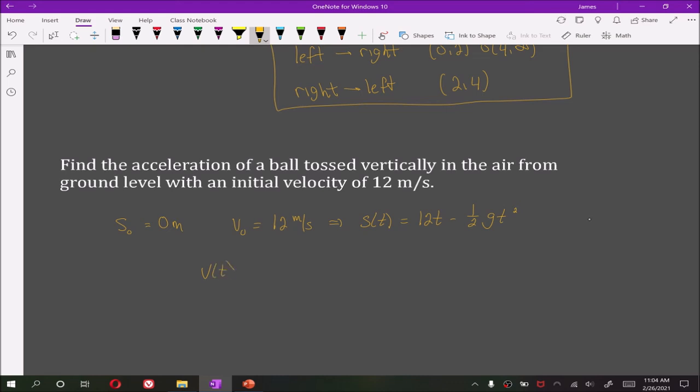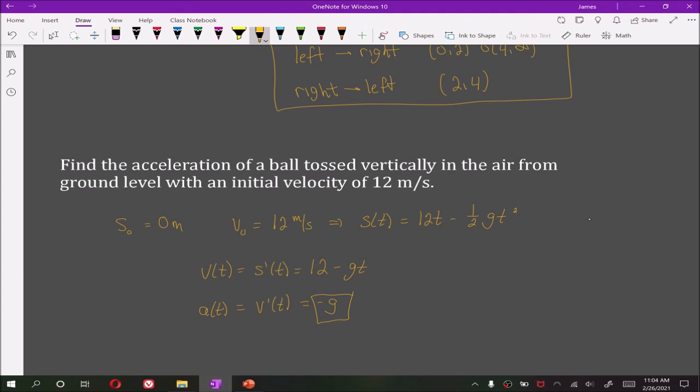v of t would be 12 minus gt. a of t, which is the derivative of velocity, is just negative g. Right, so what this is saying is that the acceleration is only the acceleration due to gravity.